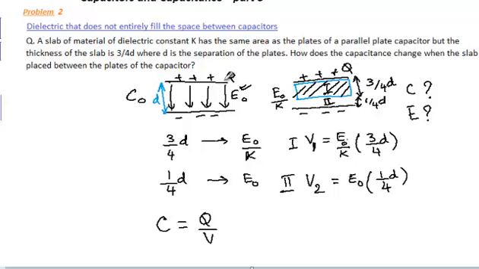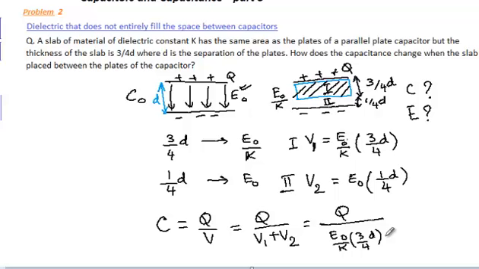So the charges which are present on the plates are locked. They can't move. So the charge Q remains unchanged, and the new value of the potential difference V is V1 plus V2. So now you have Q over E naught by K times 3/4 D plus E naught times 1/4 D.